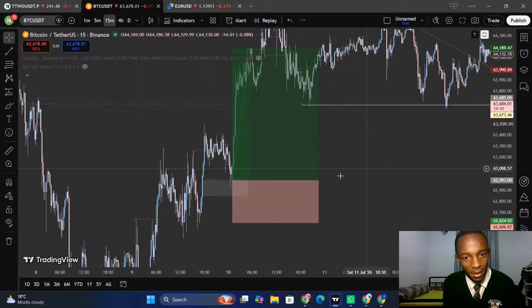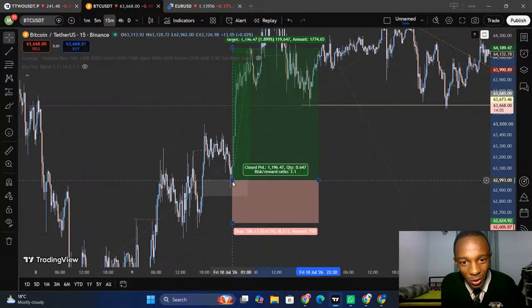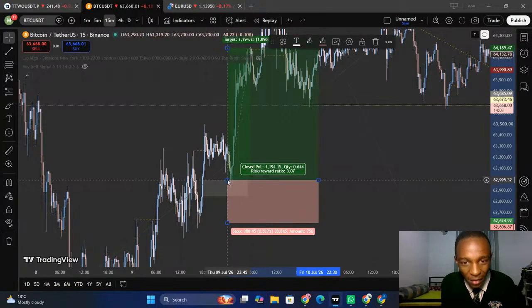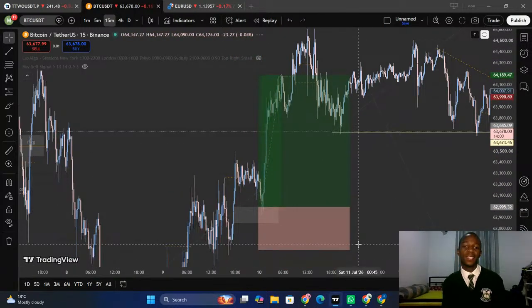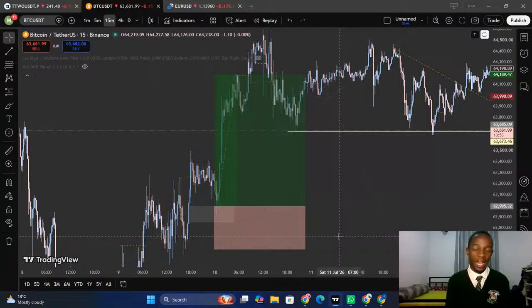It was simply based on a fair value gap. So you guys can see how crucial the fair value gap is, how it is respected in the market. So fair value gap is what I'm going to be using as entries, and I'll find better ways to use it. At the minute, I just know that fair value gap is respected. But I'm going to make sure that before I do another stream, maybe in the evening, I'll have some kind of an idea of how I should enter based on fair value gaps.